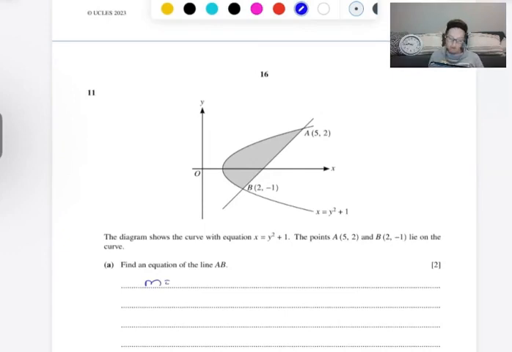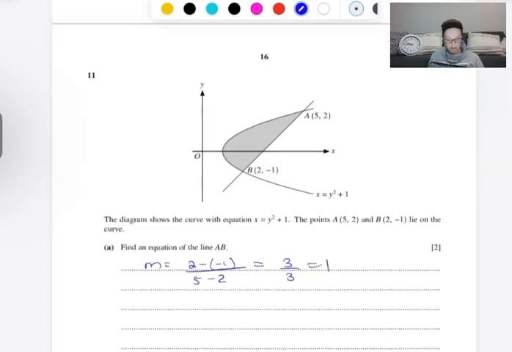Okay, let's just do this. Change in y over change in x. So 2 minus 1 over 5 minus 2. Always make sure you get the y at the top, the x at the bottom. Okay, so my gradient is 1.